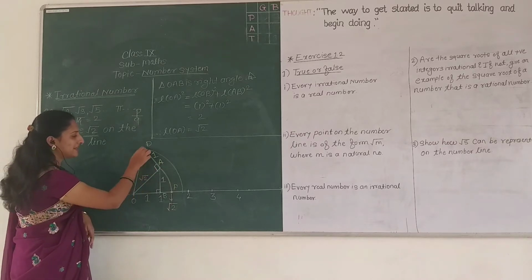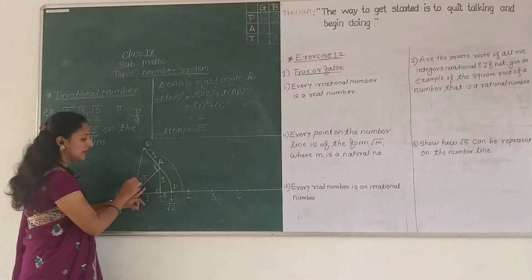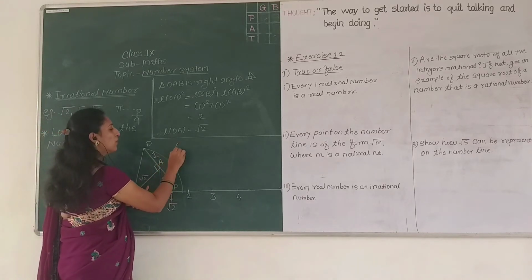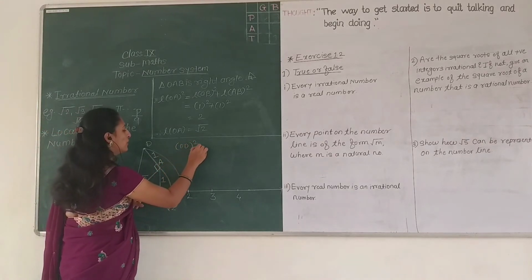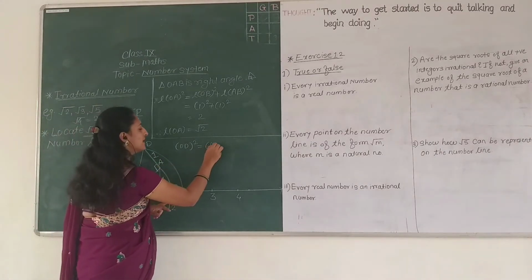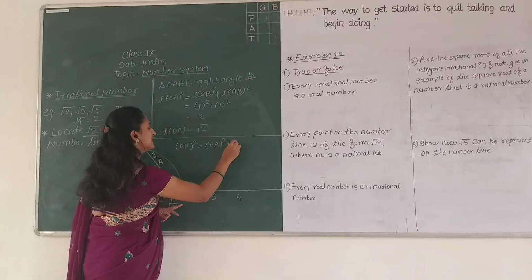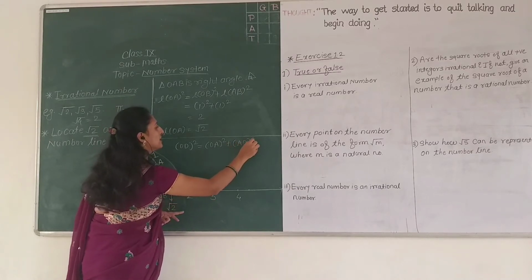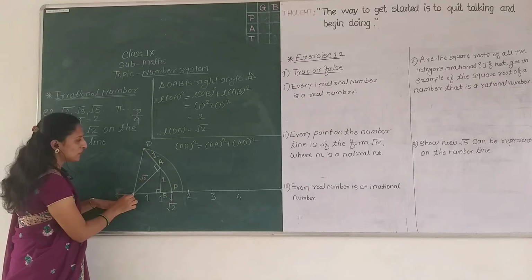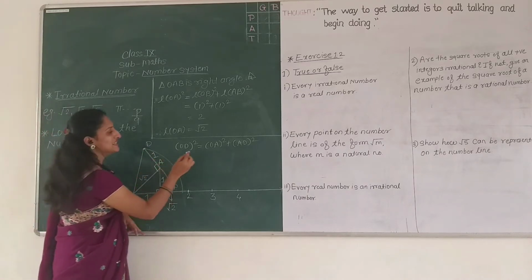Therefore, by Pythagoras theorem we get OD square is equal to OA square plus AD square.